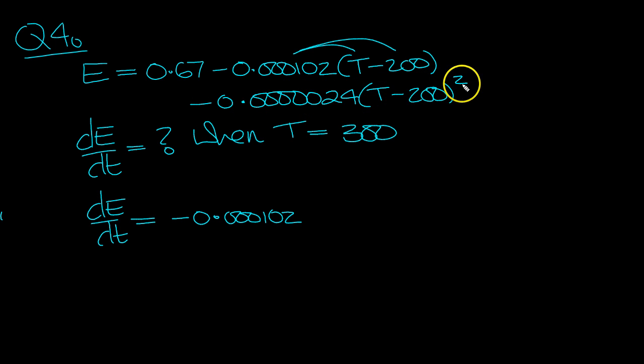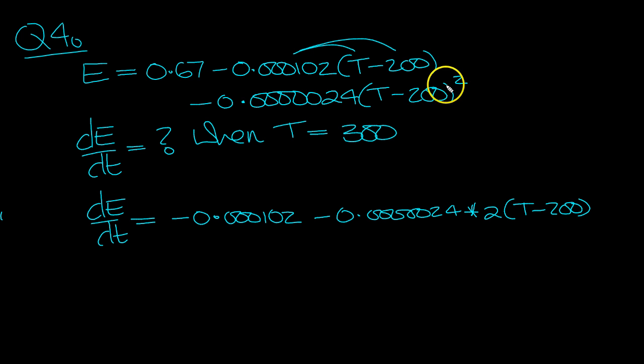This much of this squared, power rule, 2 times, so it's minus 0.0000024 times the 2 times this to the 1. The something squared: 2 times something to the 1, multiplied by the something differentiated, which goes to 1 when you differentiate with respect to T, and that is a 0.